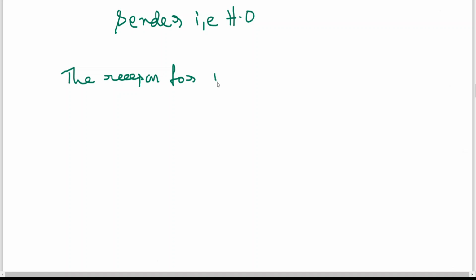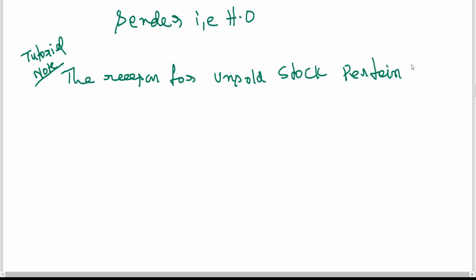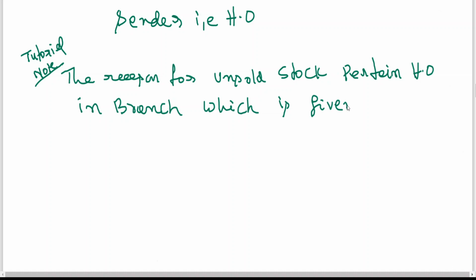The reason for unsold stock pertaining to head office in branch, which is given as 57,750.